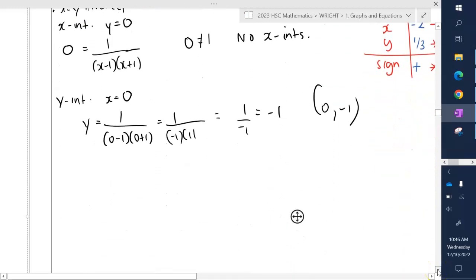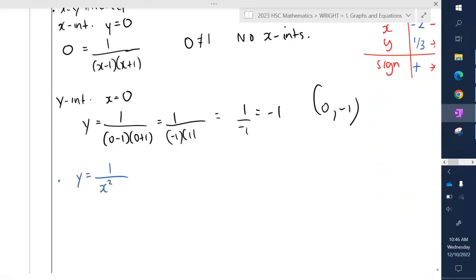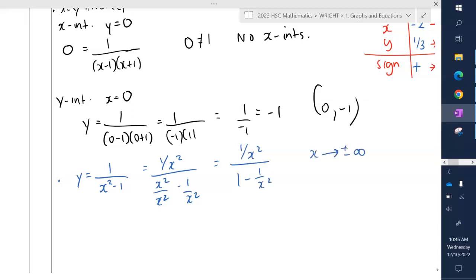Okay, so what we're doing to find our horizontal asymptotes is dividing by the biggest power of x on our bottom line. So we're going to be dividing by x squared. Let's do that. So our top line becomes 1 over x squared, and our bottom line becomes 1 minus 1 over x squared. And we're going to have a look at what happens as x goes to positive and negative infinity.